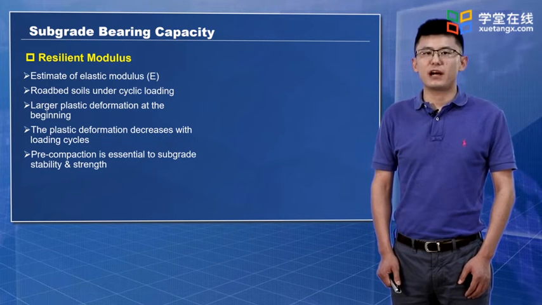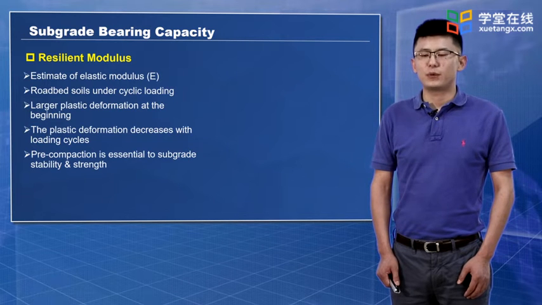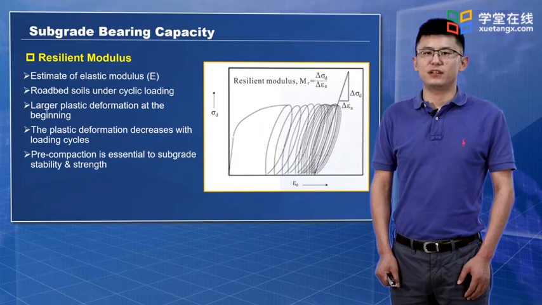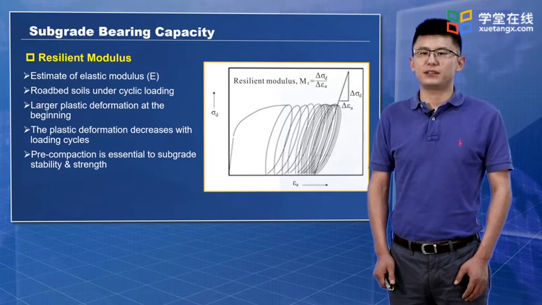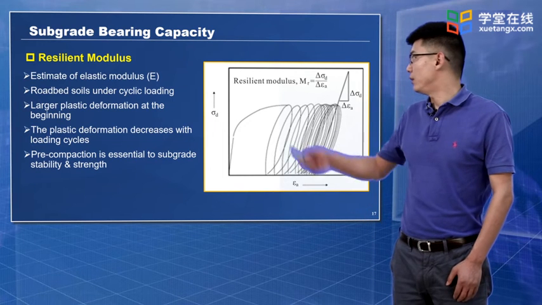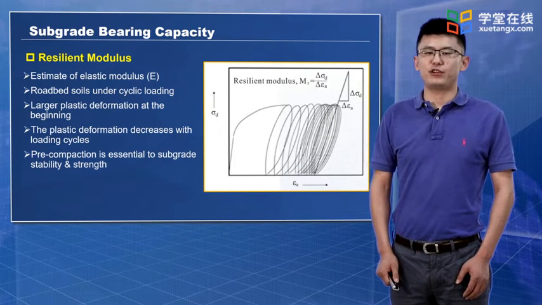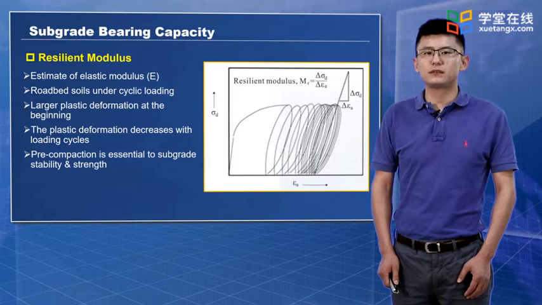For example, if we have the road bed, and then we apply a cyclic loading, and then we can see the deformation and the load. Or eventually we can also see the stress and the strain level. For example, on this graph, you can see that at the beginning we have a larger deformation, and this deformation becomes smaller and smaller with the increase of the loading cycles.